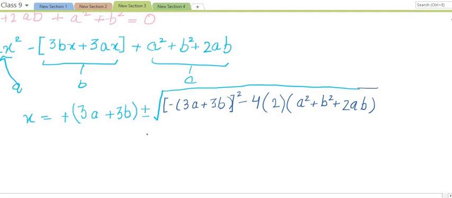Clear? Okay, what is the denominator? Denominator is 2a.